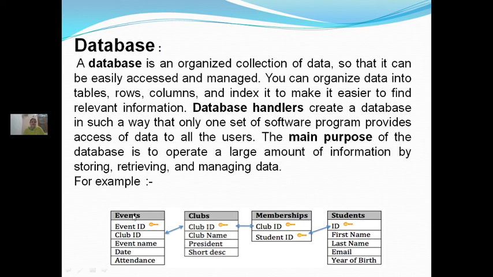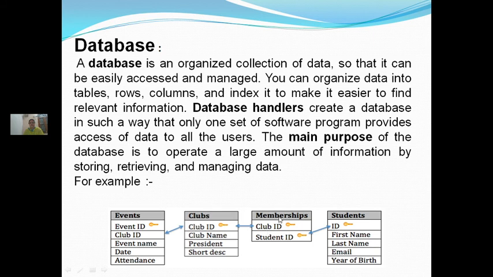Here in this slide, an example is given. Events is a table which contains the fields event ID, club ID, event name, date, and attendance. Clubs is also a table which contains the fields club ID, club name, president, and short description.